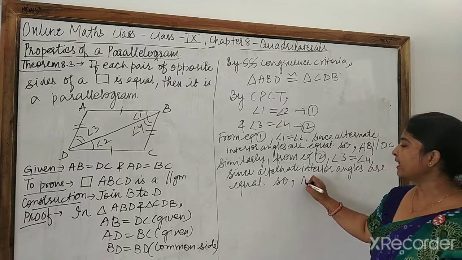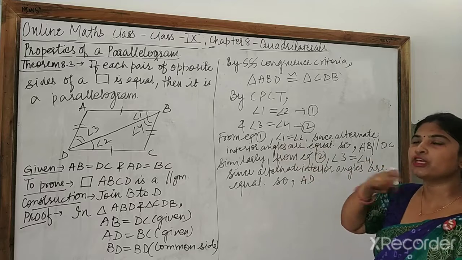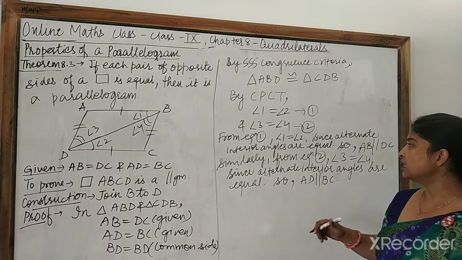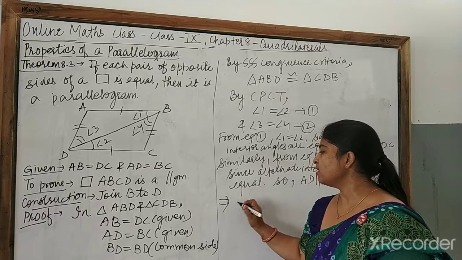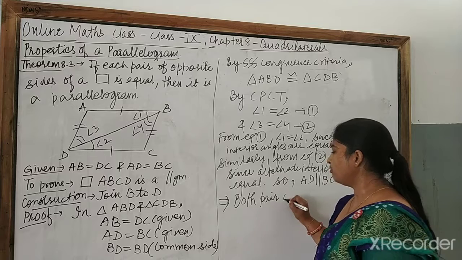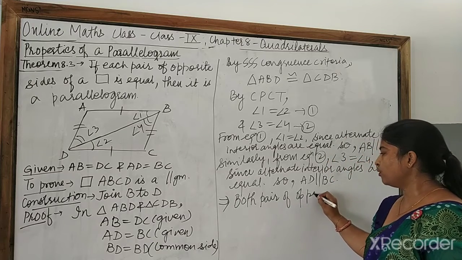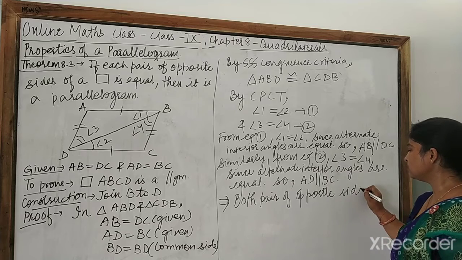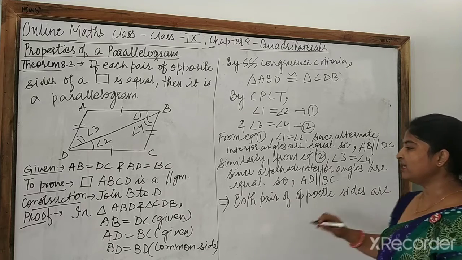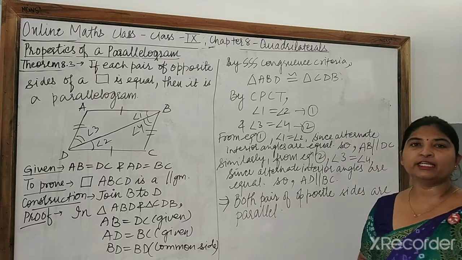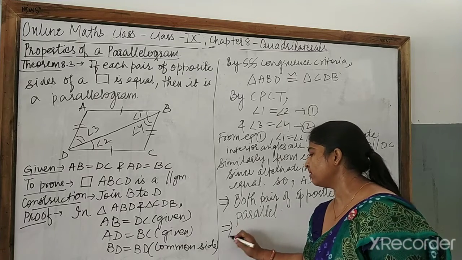So can I say AD, that is angle 3 and angle 4, you can see in the diagram also, AD is parallel to BC. So this implies both pairs of opposite sides are parallel, and we know that if both pairs of opposite sides are parallel, then it is a parallelogram.